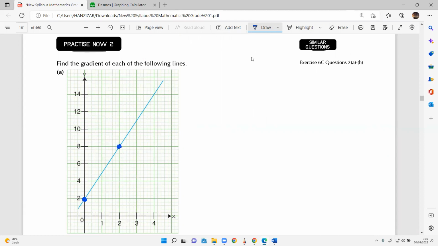Actually, this graph shows you 3 points. But what we need is only 2 points. Okay, creating a line using 2 points. I picked this as A, B, and C. Which points do you want to use? Up to you.